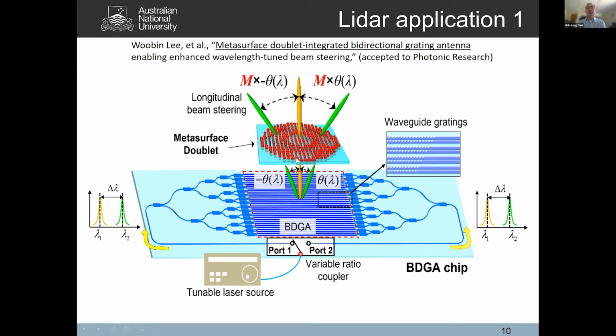Without this doublet, the steering angle is only 7 degrees when the wavelength scanning range is about 100 nanometers. However, this doublet could amplify the angle by 3 times. Also, by switching from this port to this port, we achieve another 2-fold enhancement of the scanning angle. So this could be very good news for a compact solid-state beam scanner in LiDAR application.